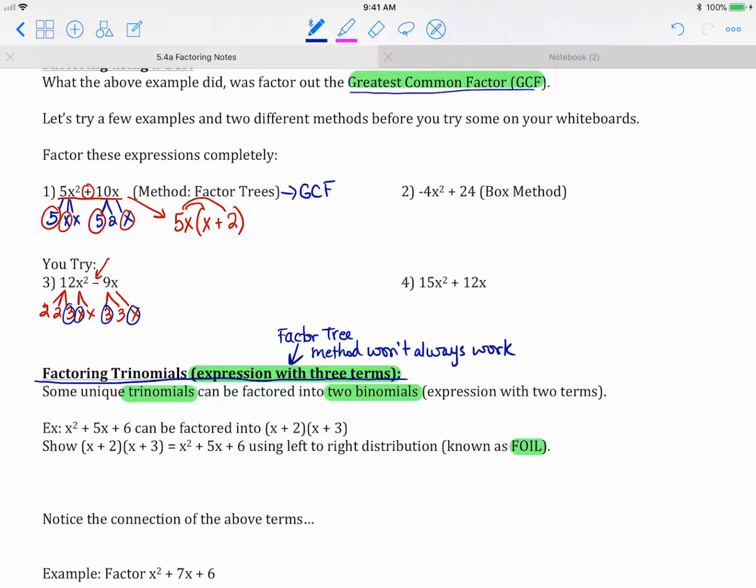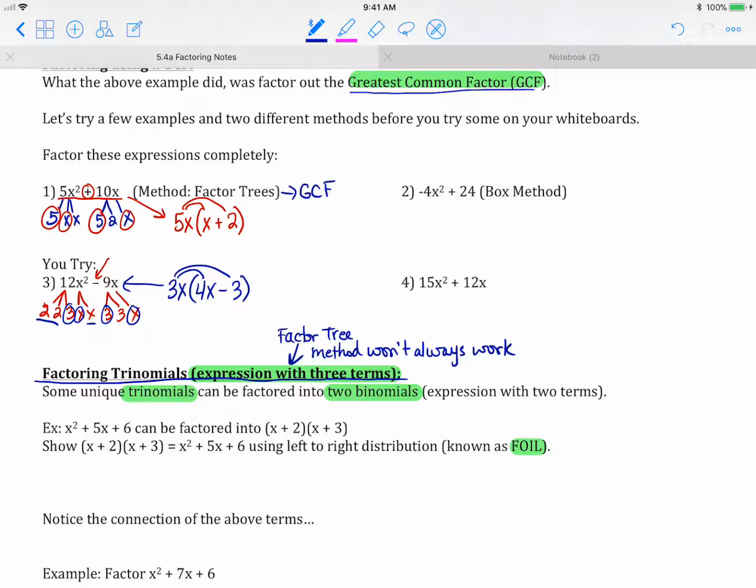So my greatest common factor is 3x, and what is left over? 2 times 2 back here is 4. We also had an x left over. Don't forget we had a subtraction sign connecting the two terms, and then we have a 3. Once again, if you want to see if it checks, try to distribute and see if you can get back to your original expression.